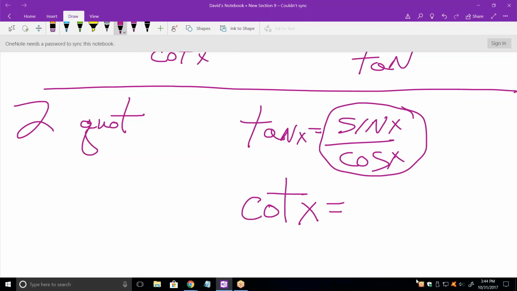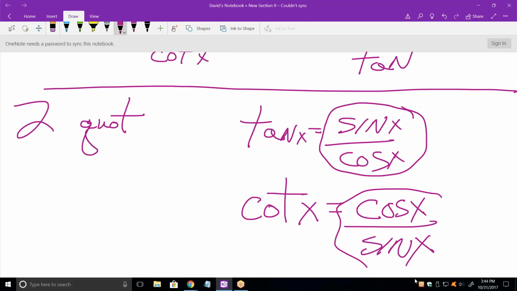But what would 1 over tangent be? It would be cosine over sine. In other words, if cotangent is the reciprocal of tangent, then this answer has to be the reciprocal of that answer. So you don't really have to memorize cotangent. All you have to do is know that cotangent is the reciprocal of tangent and memorize tangent.